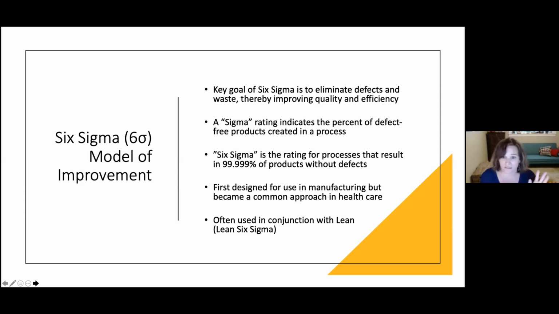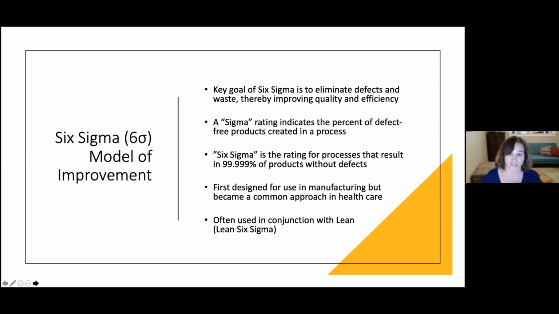Sigma is a statistical term. The Six Sigma rating is the highest rating, and it's about having a process that results in 99.9999999% of your products or services being delivered without defects or problems. It was also first designed in manufacturing, but has been used very widely in healthcare, especially in large health systems and hospitals.